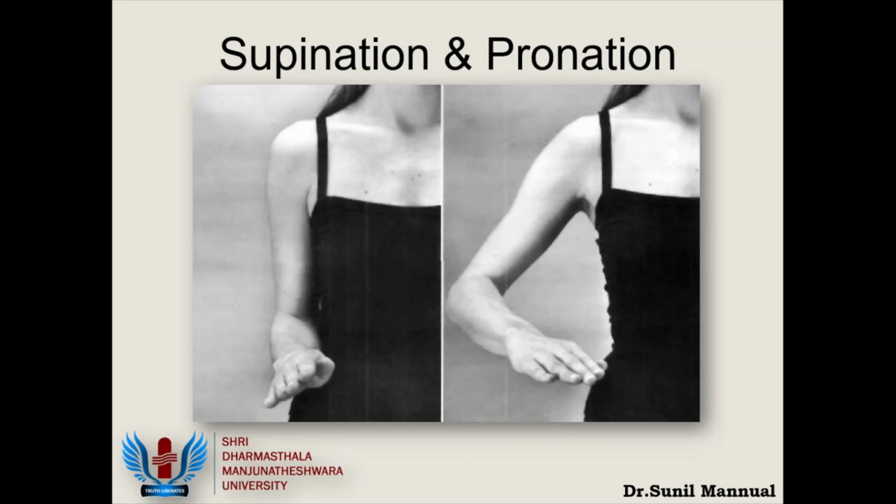But you can understand, adducting the shoulder is not so easy. So try adducting your shoulder and try abducting your shoulder. You will notice that abducting the shoulder is much easier than adducting the shoulder. And therefore, since adducting the shoulder is difficult, I want you to understand that deficiencies of supination are tough to make up as compared to deficiencies of pronation.